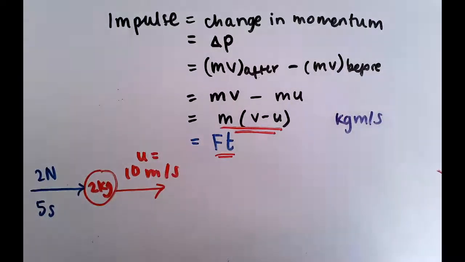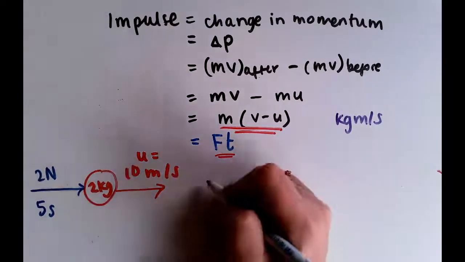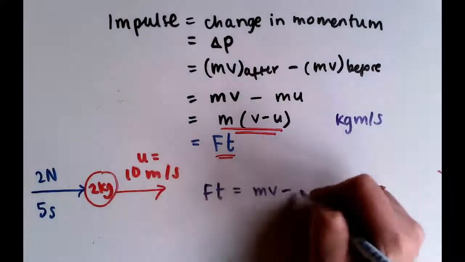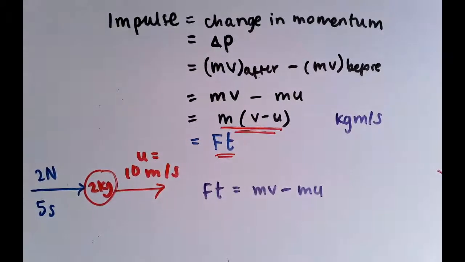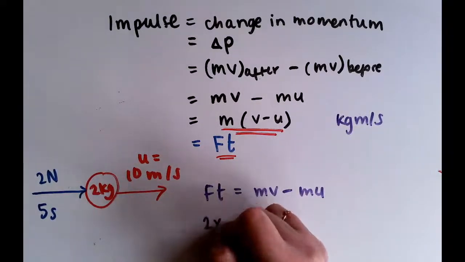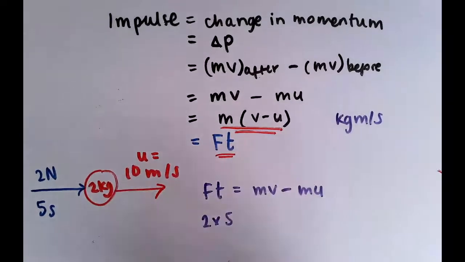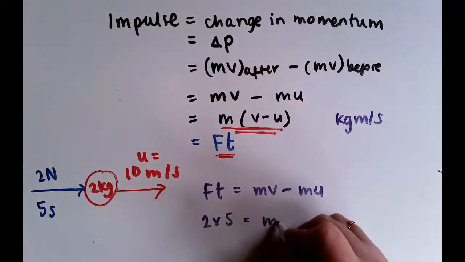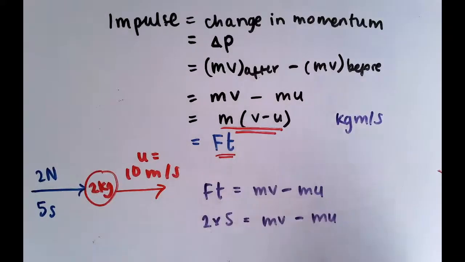So we can say that Ft equals mv minus mu. And now I know that I've got 2 times 5 must be equal to mv minus mu.